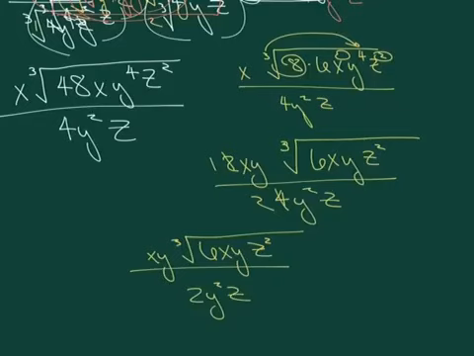Oops, and I have a y here that I can cancel with one of the y's here. And that ends up being my answer. X cubed root of 6xyz squared all over 2yz. Whew, baby. There's a lot of stuff going on there.